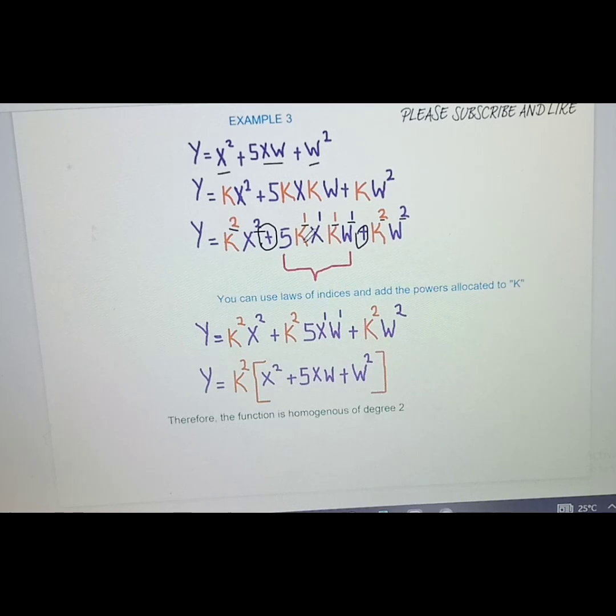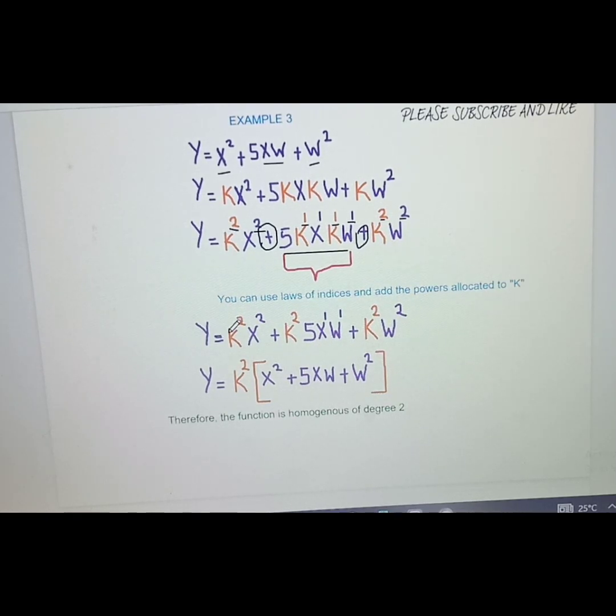So the only place that you can use the laws of indices is here, where you have 5 k raised to power 1, x raised to power 1, k raised to power 1, and w raised to power 1.